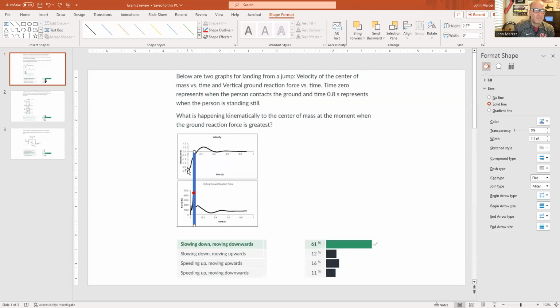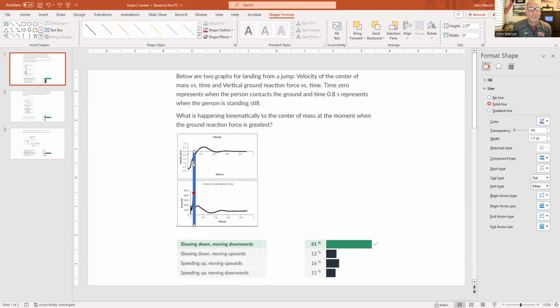Now what's happening to the magnitude of velocities? Well, we can see they're going from -2 to -1.5, -1, -0.5. The magnitudes, the 2, 1.5, 1, are getting smaller, and movement is in the negative direction. So movement would be downwards.